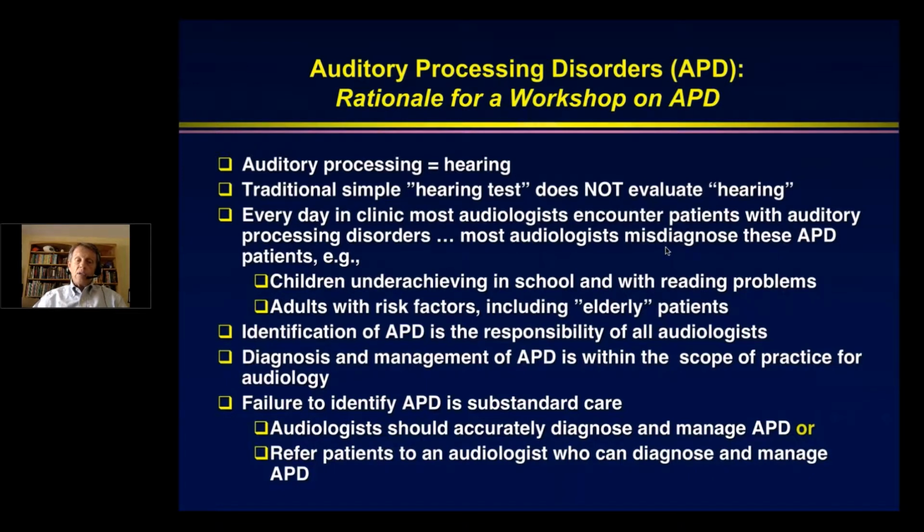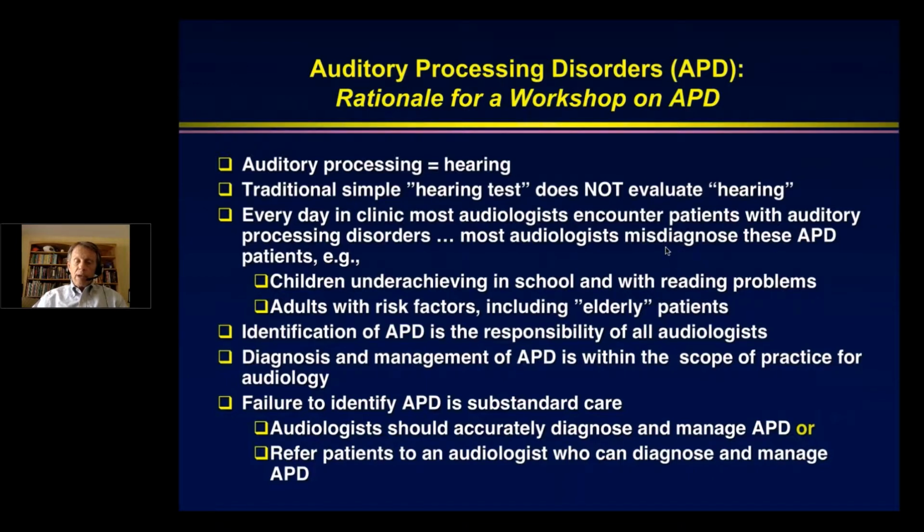And if you have a child who seems to have a hearing loss by all complaints and symptoms, and yet when you perform the audiogram it's normal, that child is at great risk for auditory processing disorder. You can almost be certain that there's some evidence of auditory processing disorder that is explaining their auditory complaints.